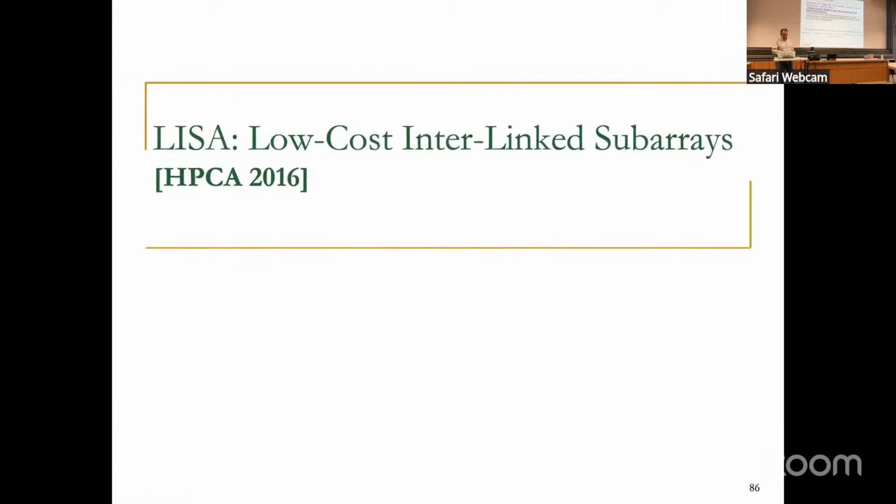Okay, let's move on. Another thing: when we were discussing data movement, copying data with RowClone and some future works along the line of RowClone, Professor Mutlu also slightly mentioned LISA.